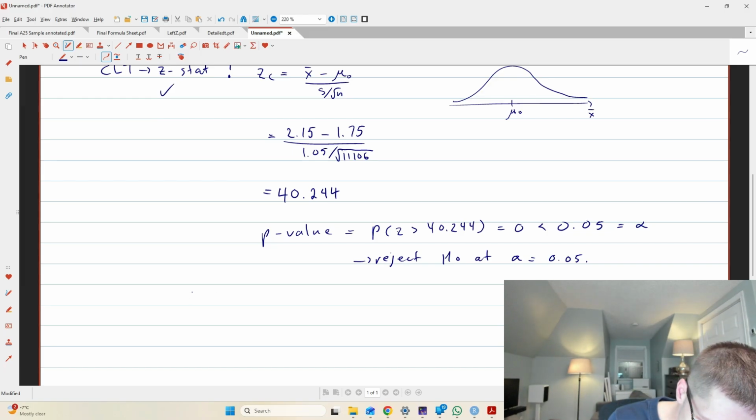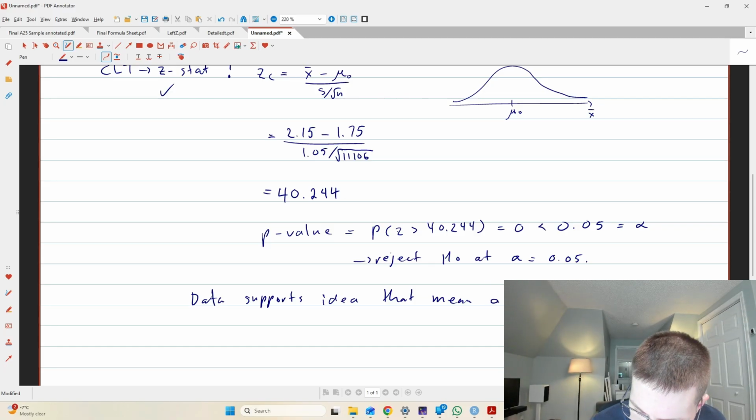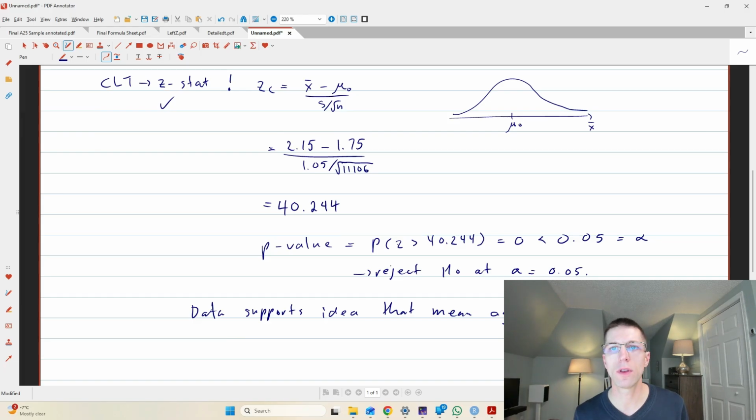So the data supports the idea that the mean aggression level increased between 1980 and 2024. So yeah, that is question 18.